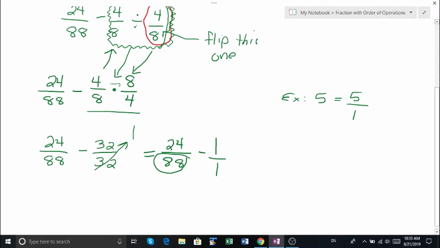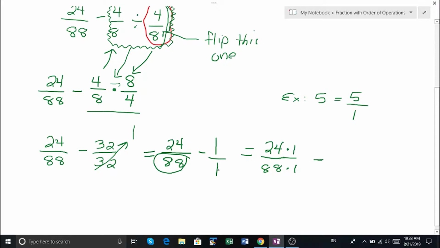Okay, so here we can multiply 88 times 1. So for 24 over 88, what can we multiply by 88 to get 88? Just 1, right? 88 times 1 is 88. So I'm going to multiply the numerator and the denominator by 1.